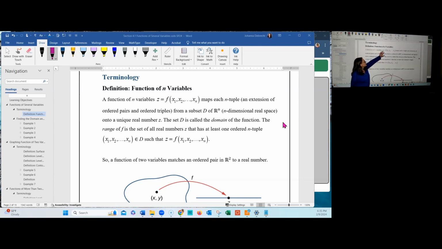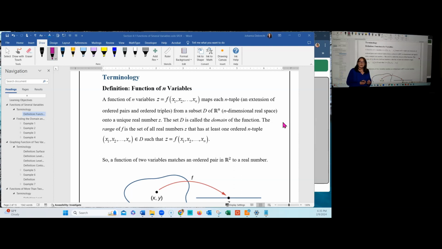In this case, we would say that z, which is equal to our function f, is f of x sub 1, x sub 2, x sub 3, x sub 4, x sub 5, all the way up to x sub n. So if we have 42 independent variables, it would go up to x sub 42. And this would describe a 42-tuple, if you will, an extension of ordered pairs and ordered triples from a subset D of R to the n. If it had 42, it would be R to the 42.